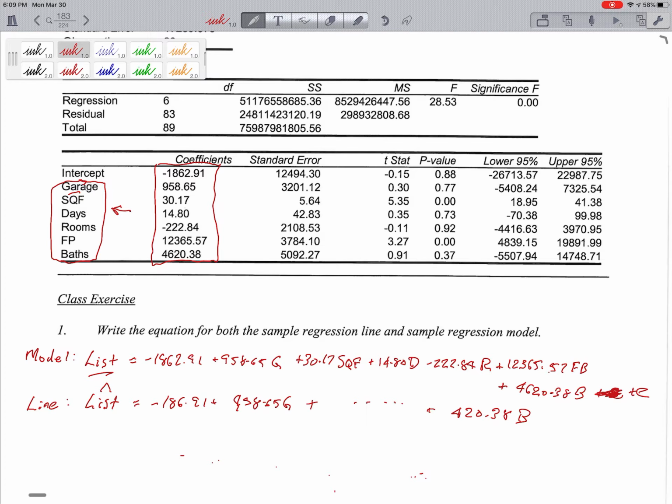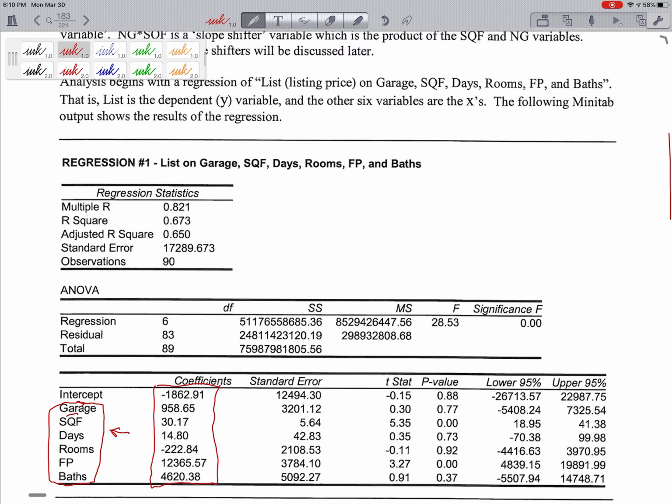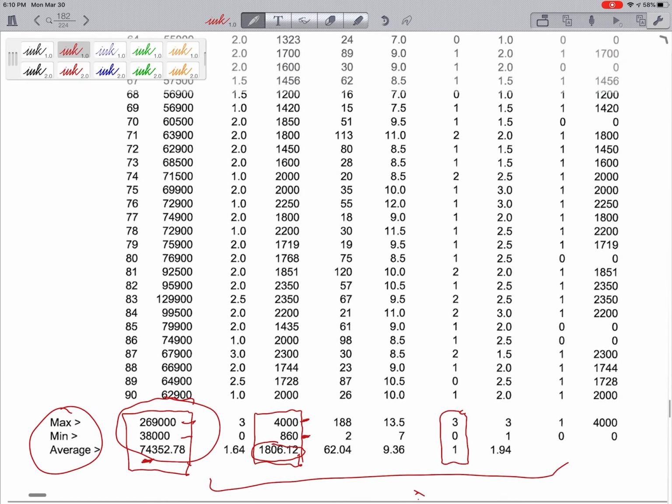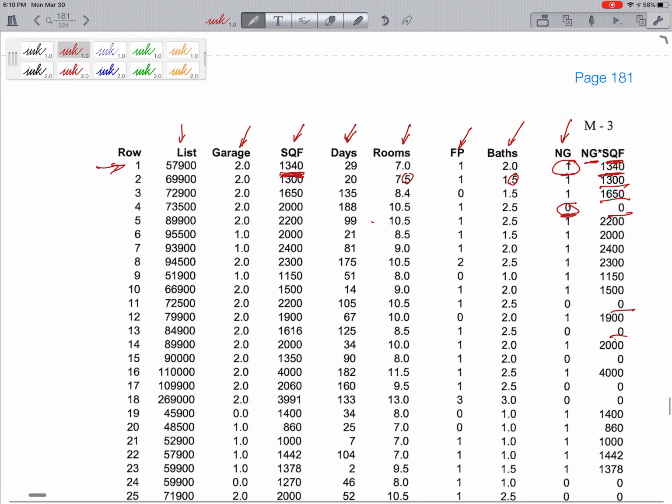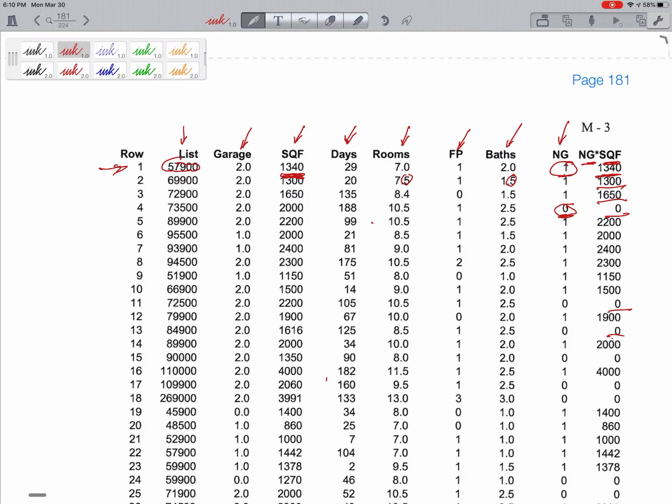So remember, the difference between the model and the line is that the model is dealing with the actual list prices. So if you go back to the data here, to observation number 1, that's this guy, 59,000. And if you plugged each of these numbers into the equation, we would get the y hat value, or the list hat value for row number 1.